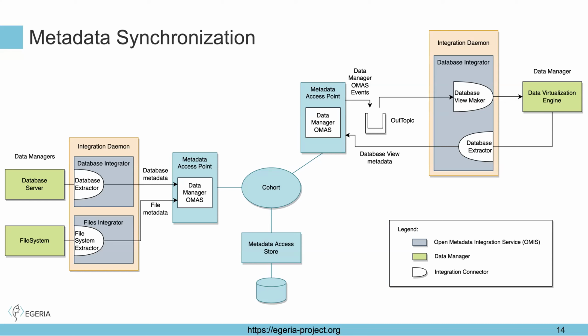And what you'll actually see is that there is also an integration connector listening to schema changes in the data virtualization engine, and that is then coming back and being configured. So not only are we updating the data virtualization engine, but these new views are also then incorporated into the catalog.